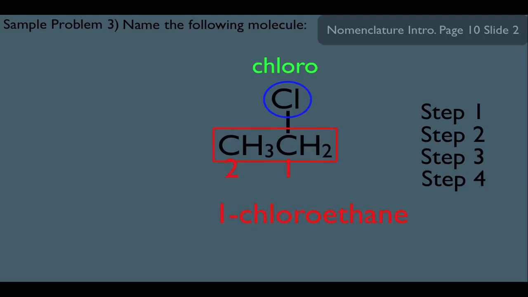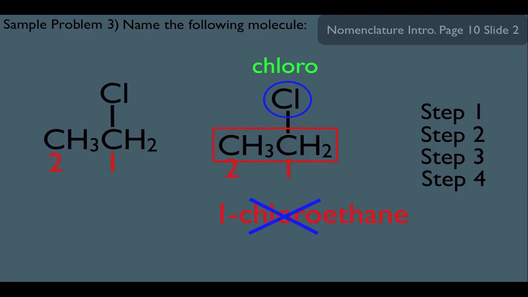But for this particular case, the 1-chloro is redundant, so this is actually incorrect. And the reason why is because simply there's no such thing as 2-chloroethane, which is why we don't have to emphasize 1-chloroethane. Let me show you what I mean by that. Remember, here's our molecule.